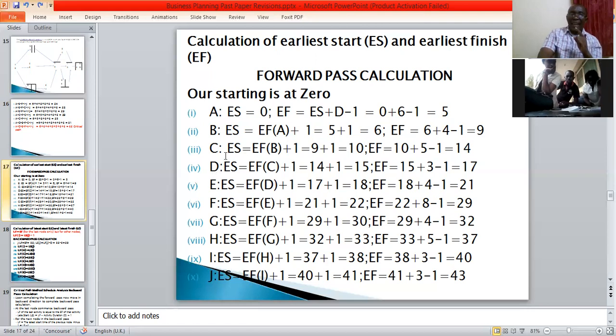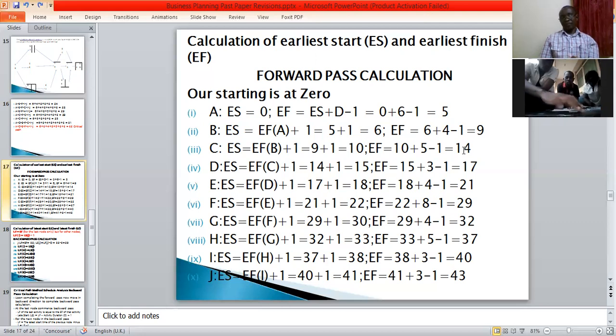So the earliest start for C, we have calculated 10. And how many months do we need to complete activity C? It is 5 months. Subtract 1, we find 14 months. So the earliest start for C is 10 months, and the earliest finish for C is 14 months.